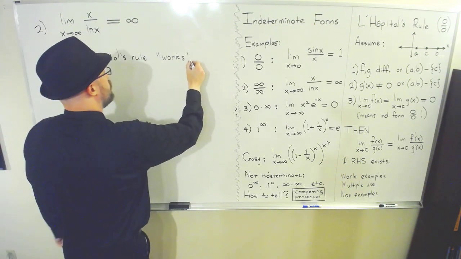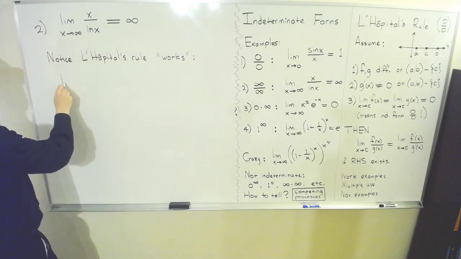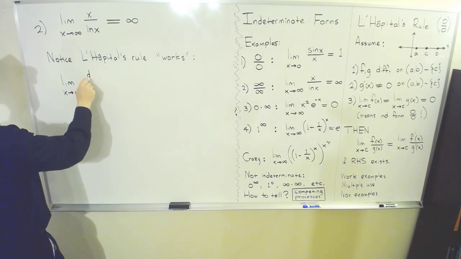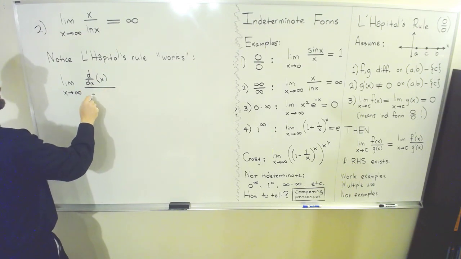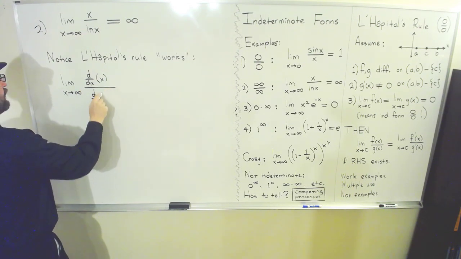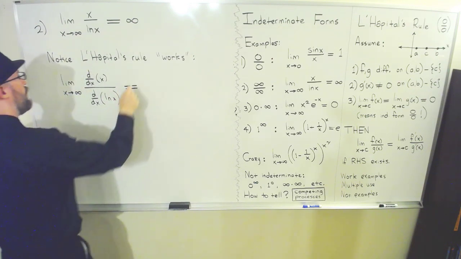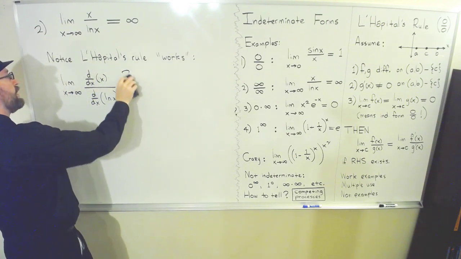But L'Hopital's rule appears to work, because watch what happens here. I would say limit as x goes to infinity of d dx of x over d dx of ln x. And I'm going to write a question mark. Well, I shouldn't, because before that meant it wasn't valid, and here it is valid.